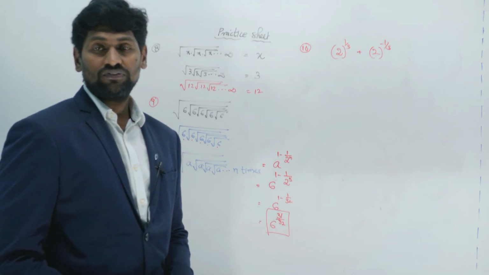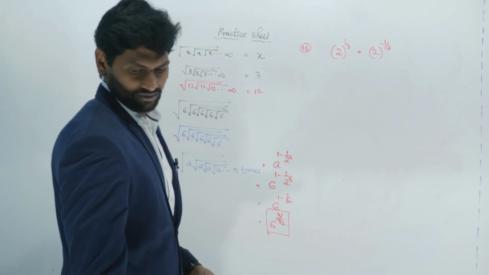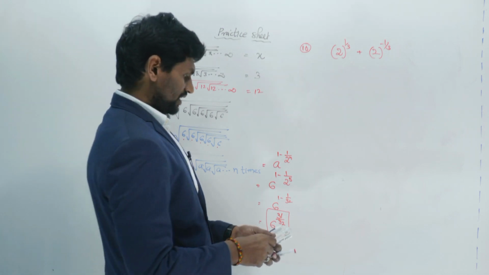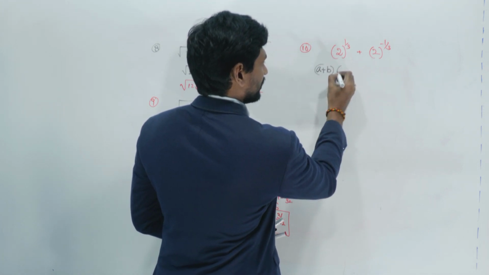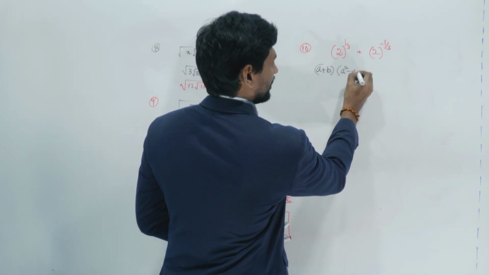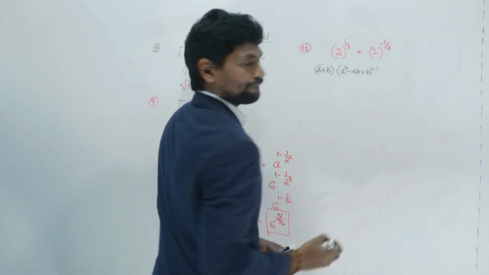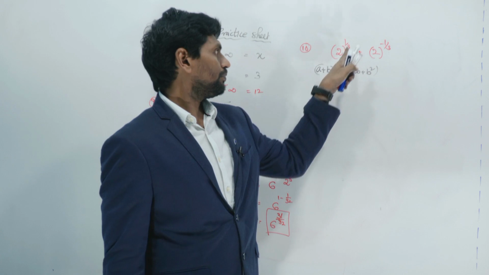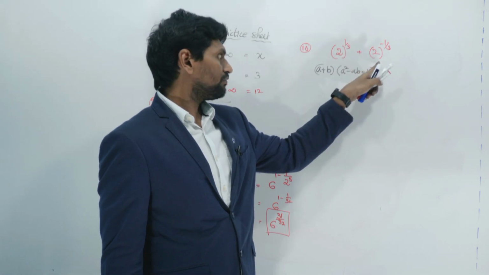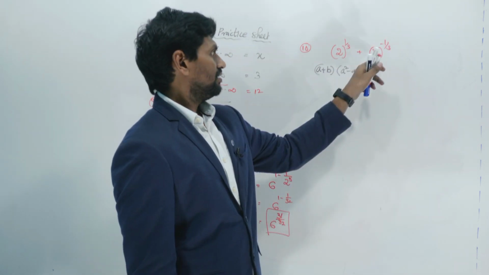It is in the form of a plus b. I told you one formula: a plus b into its rationalizing factor, a square minus ab plus b square. Here a is 2 power 1 by 3 and b is 2 power minus 1 by 3.